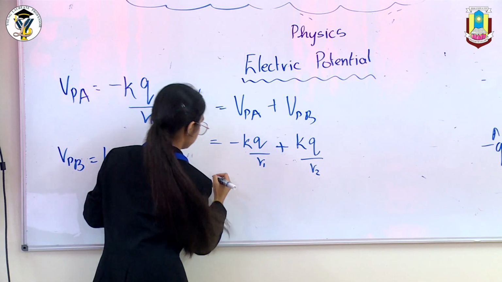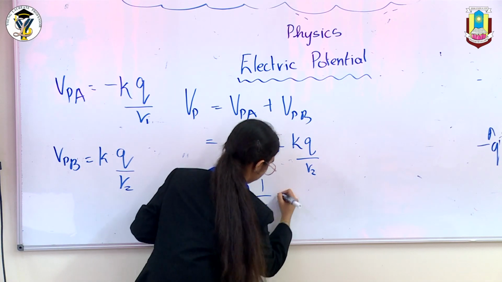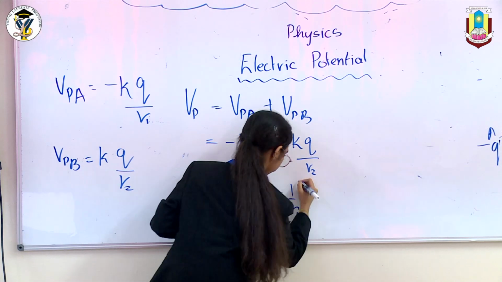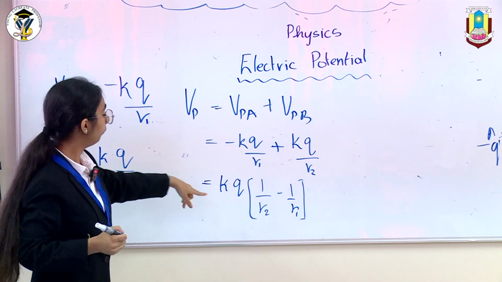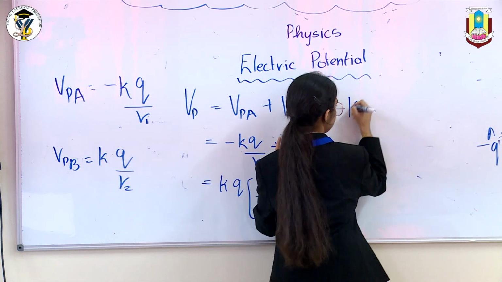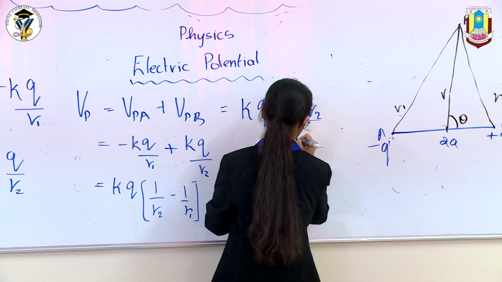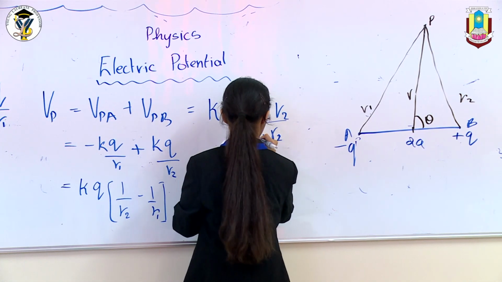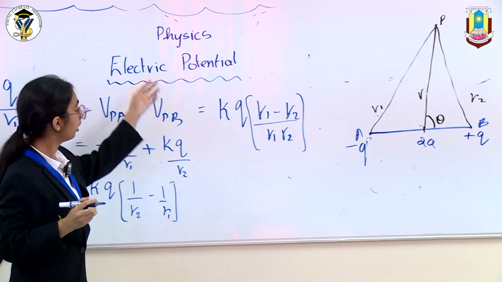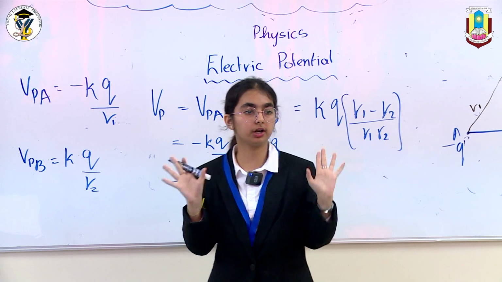So it becomes KQ times (R1 minus R2) by R1 R2, after cross multiplying. This is the general equation for a dipole.